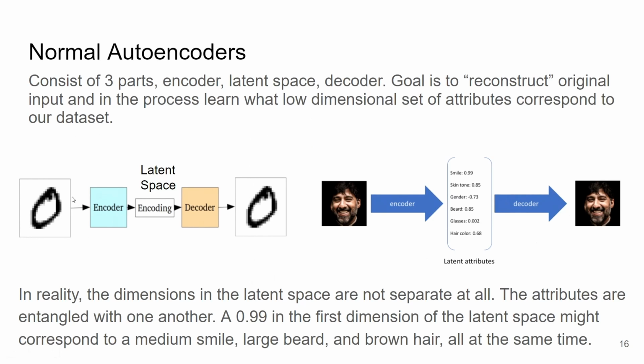So if we're putting a face in, we're basically compressing it to its attributes, and then the decoder is basically uncompressing that. And the goal is to have the output match the input. That's how we tell how well we've done. So basically what ends up happening is, hopefully, the encoder would encode this face into his properties, right? His smile, his skin tone, his gender, beard, glasses, and hair color.